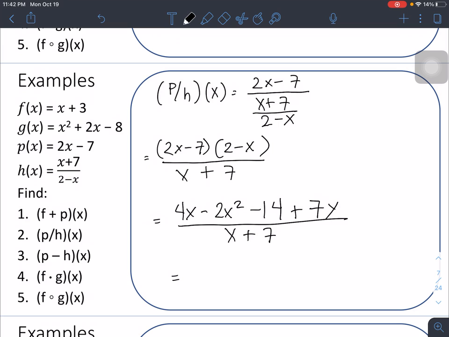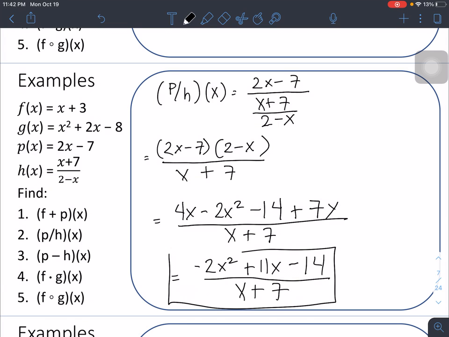Combining similar terms, this will be negative 2x squared plus 11x minus 14 over x plus 7. So this is our final answer.